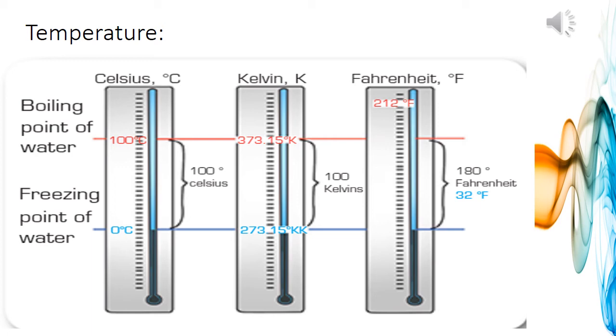The freezing point of water, that is the lower scale, in Celsius is 0 degree Celsius, in the Kelvin scale it is 273 degree Kelvin, or 273 Kelvin you can say, while in Fahrenheit it is 32 degree Fahrenheit.